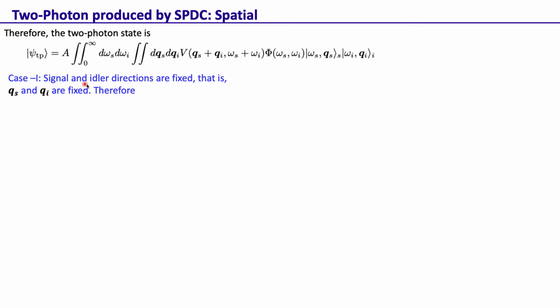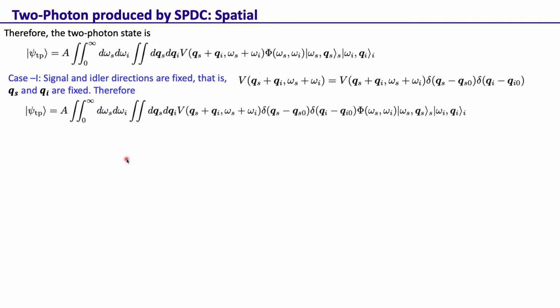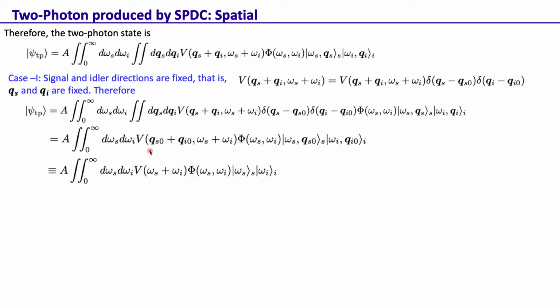Case one is when the signal and idler directions are fixed. So when qs and qi are fixed, in that case this V of qs plus qi, omega s plus omega i, takes this form, in the sense that qs can only take one value, qs naught, and qi can take only one value, qi naught. Therefore this two photon state we can write with this delta function, and if we integrate that, these two integrals go away and we have just a frequency integral.